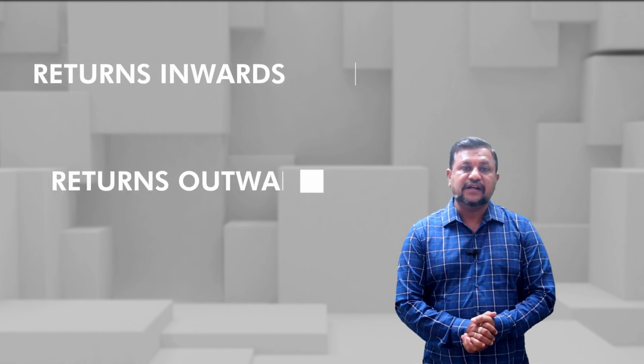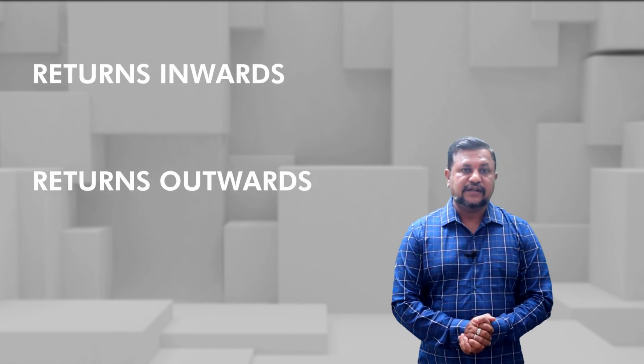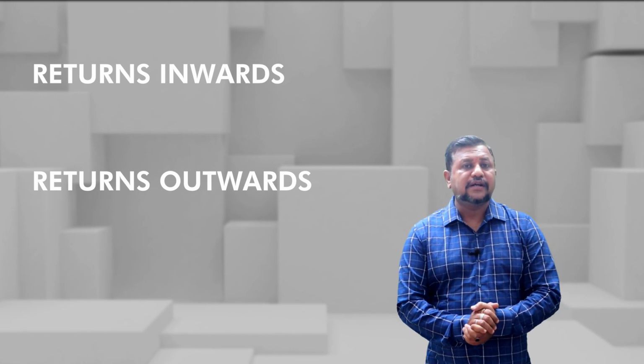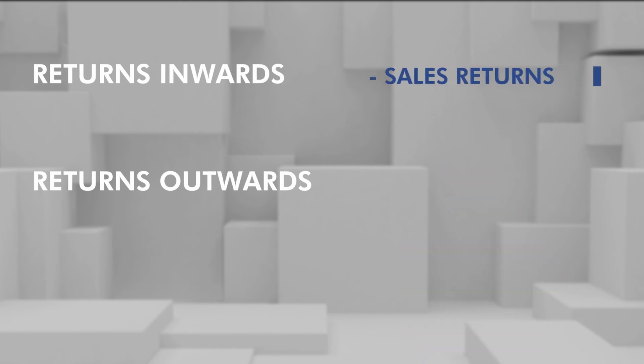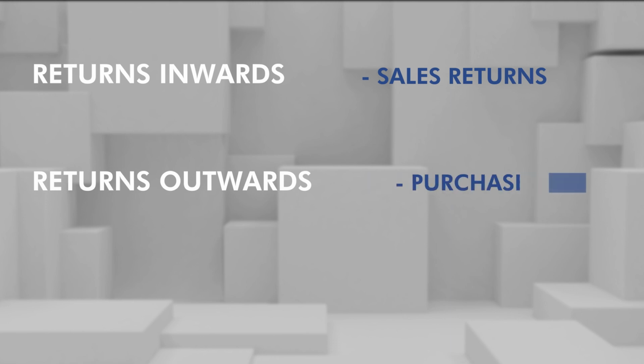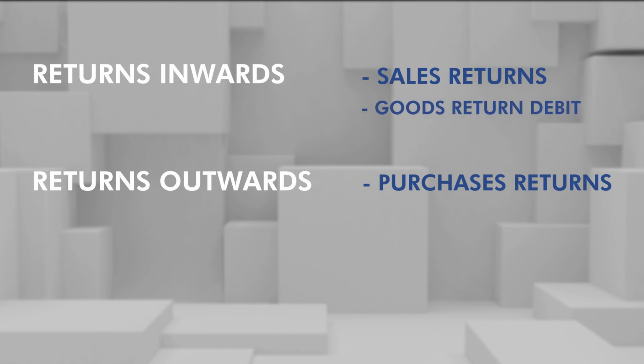Well, in the question sometimes they give returns inward, returns outward. Returns inward are sales returns. Returns outward are purchases returns. Instead of returns inward, returns outward, sometimes they may use the terms goods return debit and goods return credit.